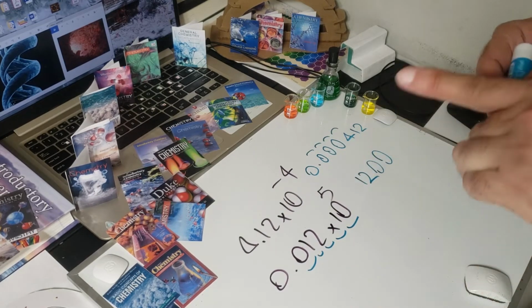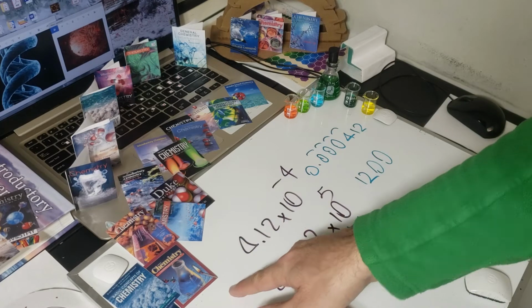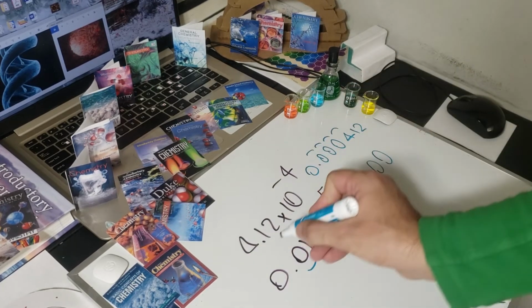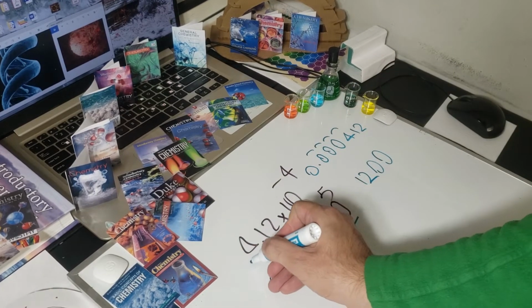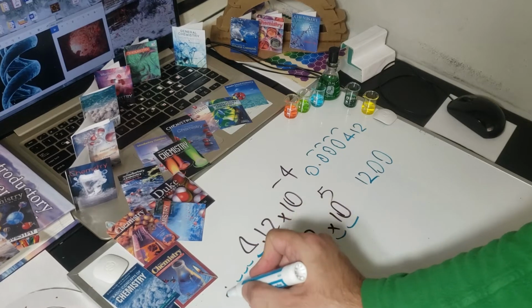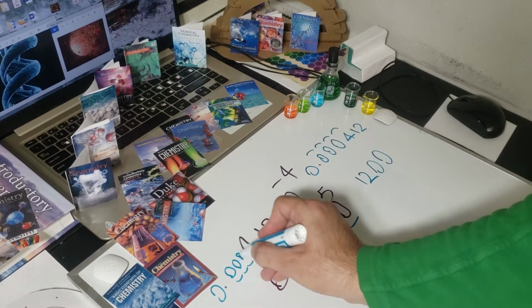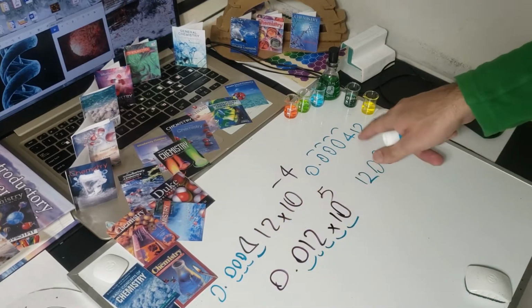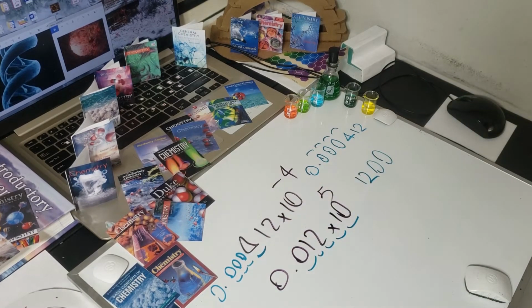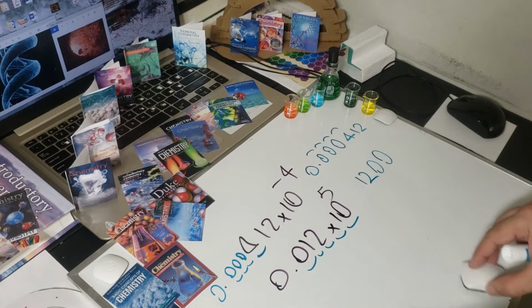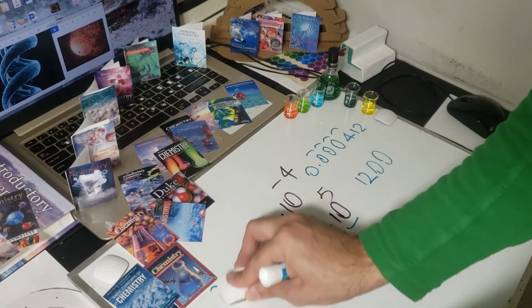That's also the exact same thing. You could move the decimal place 4 times to get that number. 1, 2, 3, 4. It means it has 1, 2, 3 zeros. That's what we also wrote there. So you just move the decimal place to the position that you want. That's how you do this.